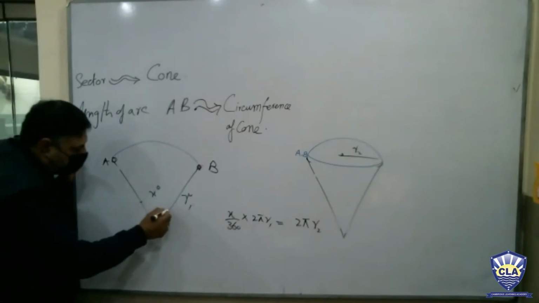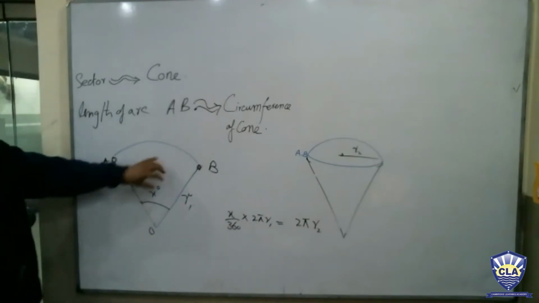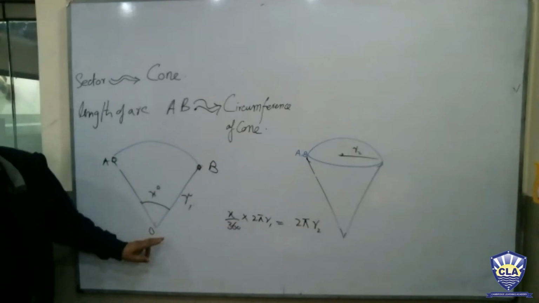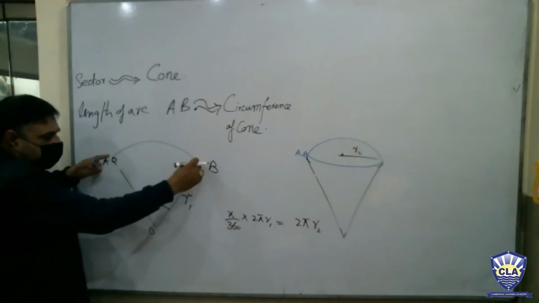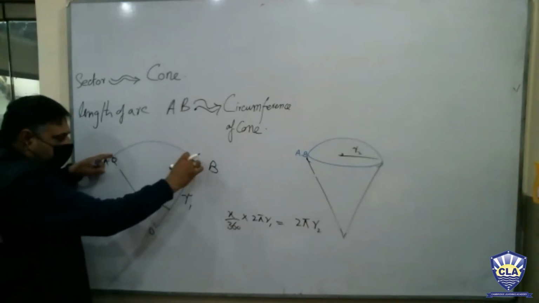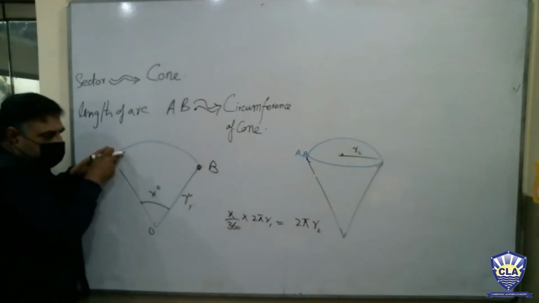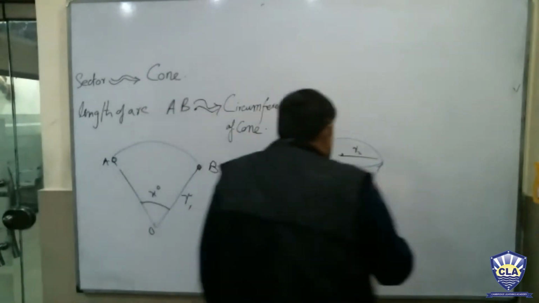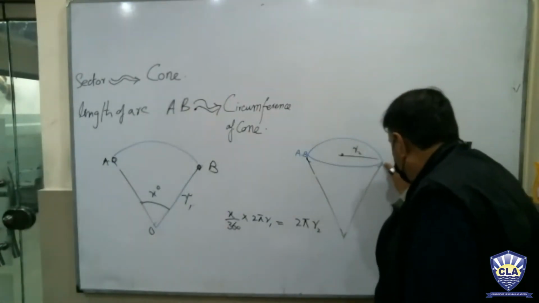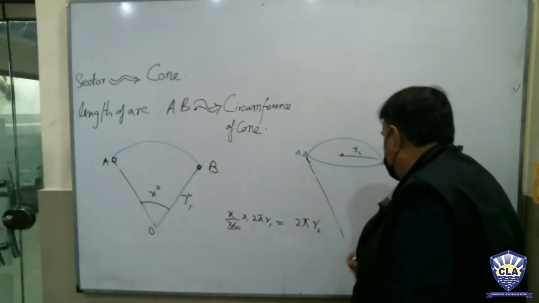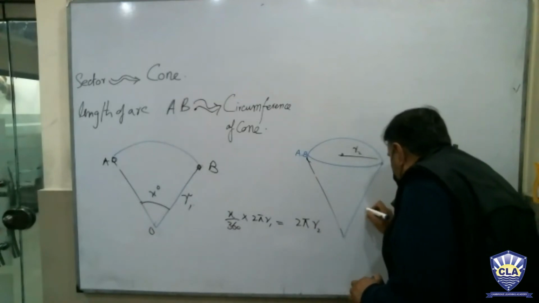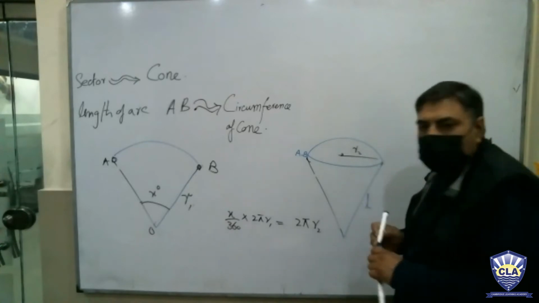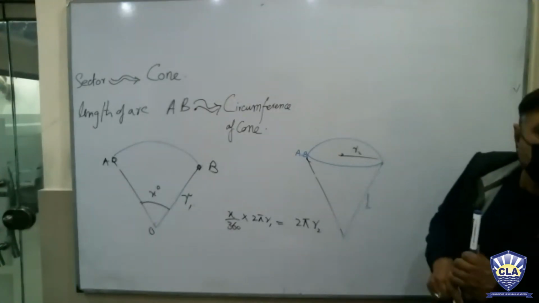It is the radius of the sector. When you join A and B, it will be rotated. This arc length is rotated to become the cone, and this radius remains the same and becomes the slant height of the cone.